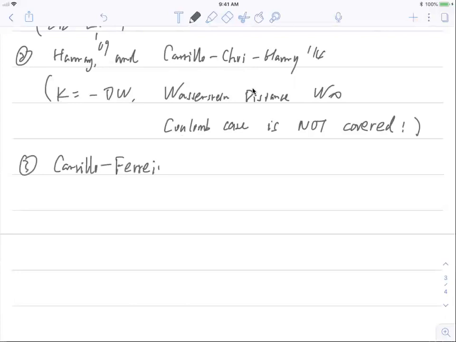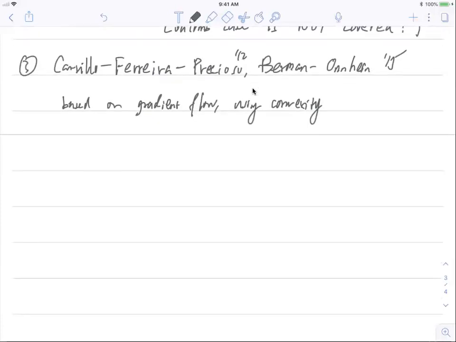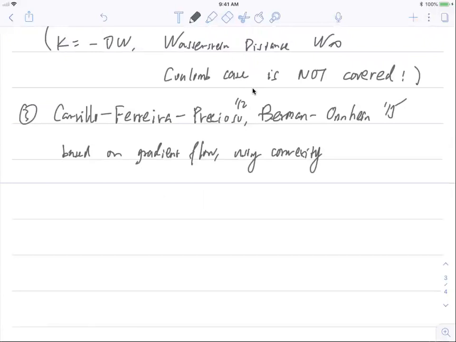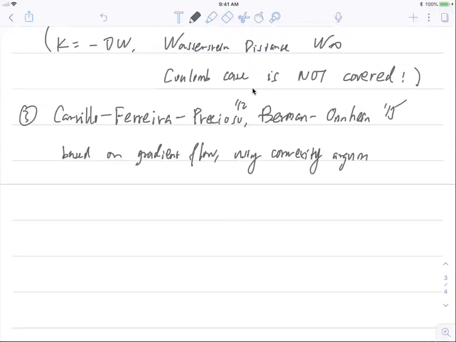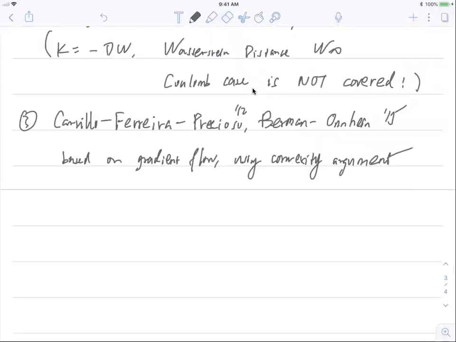There are actually many, like in Berman, based on gradient flow techniques, using convexity arguments. Okay, so there are many. I just want to list this.